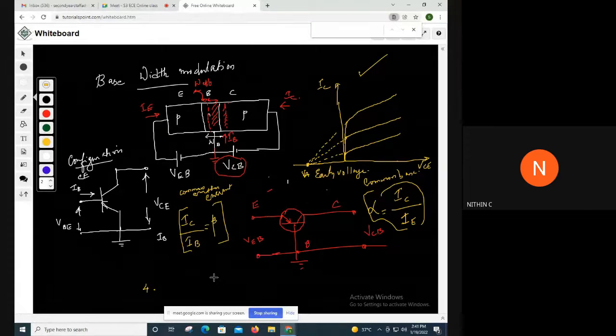Increase. That's it. Alpha and beta are current gains: current gain in common emitter configuration is beta, and in common base configuration is alpha. These two values will increase when base width modulation happens. That is the fourth point you can write: increase in alpha and beta.